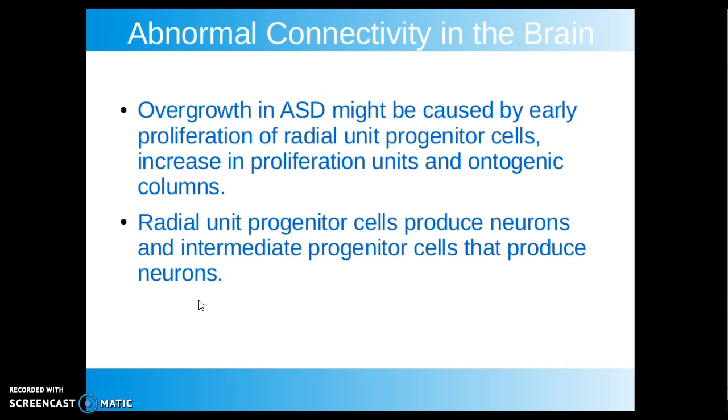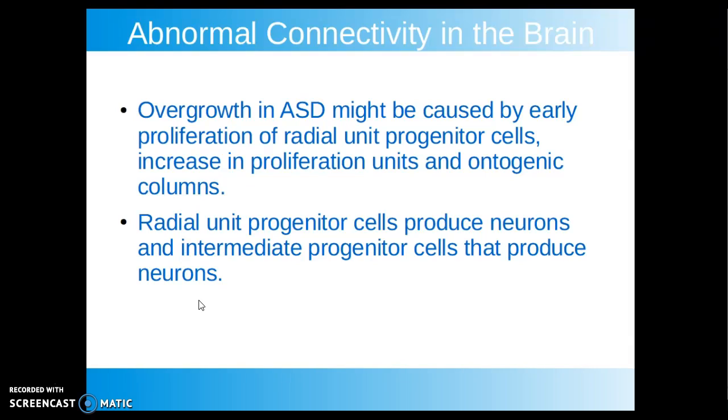Overgrowth in autism spectrum disorder is said to maybe be caused by early proliferation of radial unit progenitor cells, an increase in proliferation units, ontogenic columns, and then an increase in surface area.